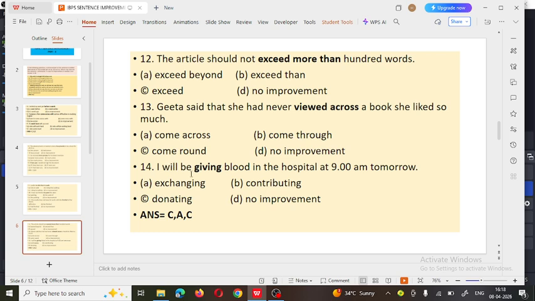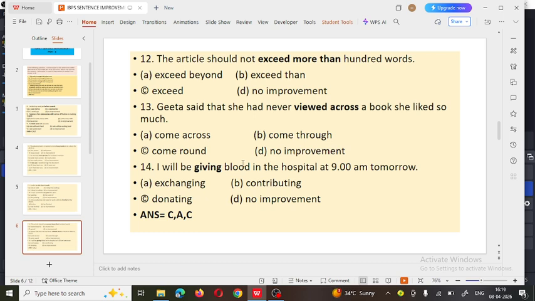Next, I will be giving blood in the hospital at 9 a.m. tomorrow. So giving is there. Blood is not one object to give and take, isn't it? When you are giving your blood, a word with better meaning should be used.